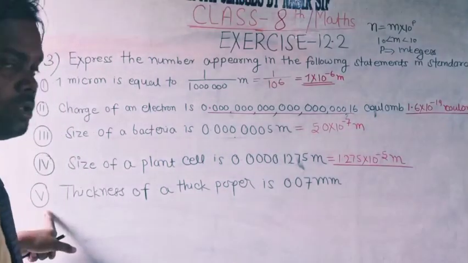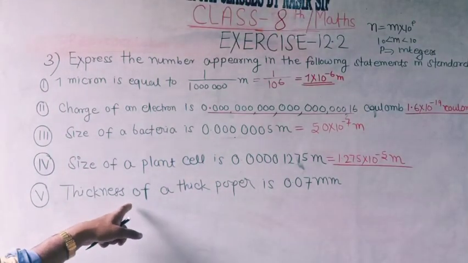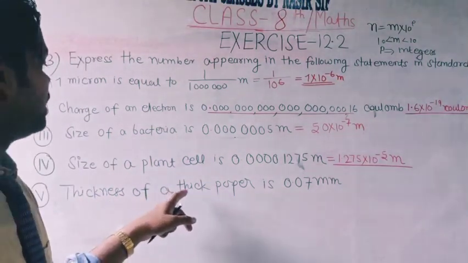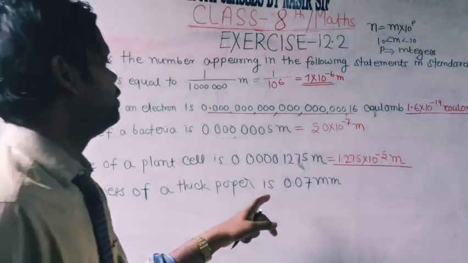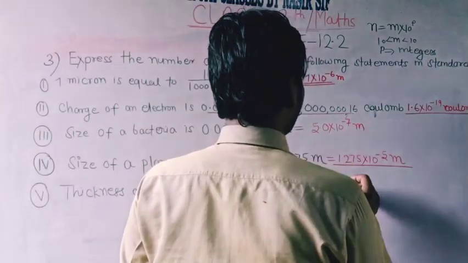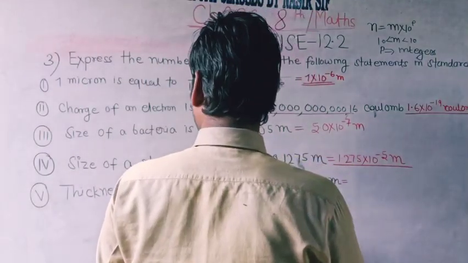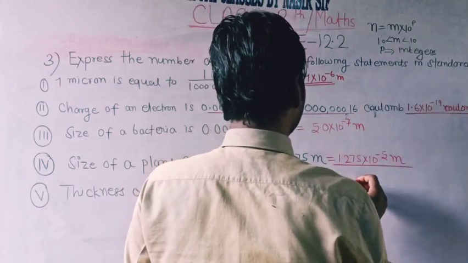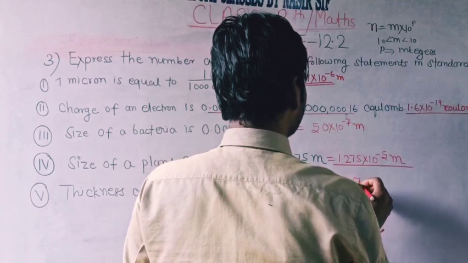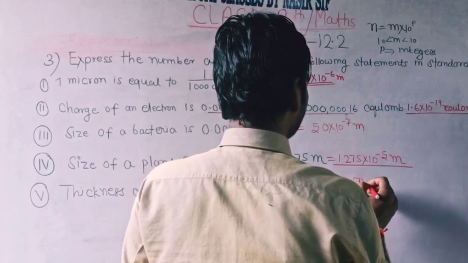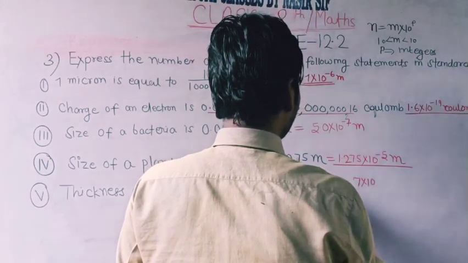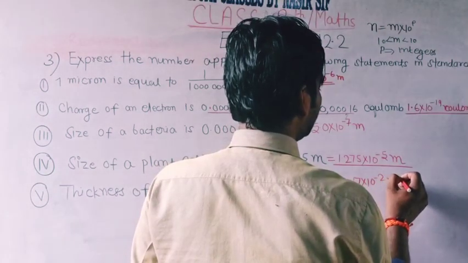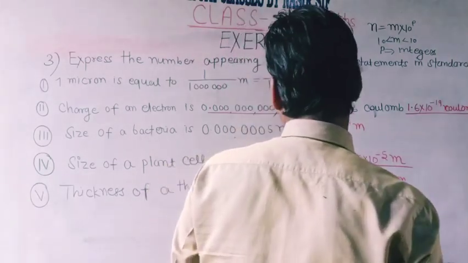The last part of question number 3: thickness of a thick paper is 0.07 mm. In standard form this is written as 7 into 10 to the power minus 2 millimeter.